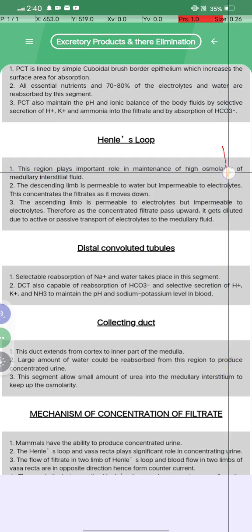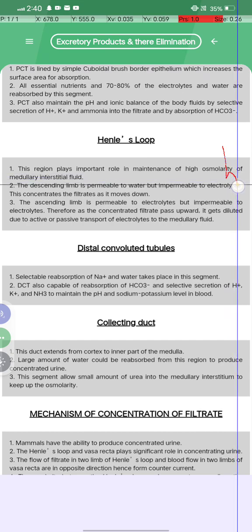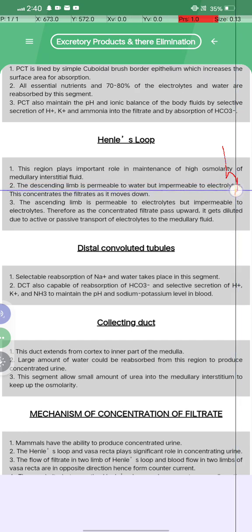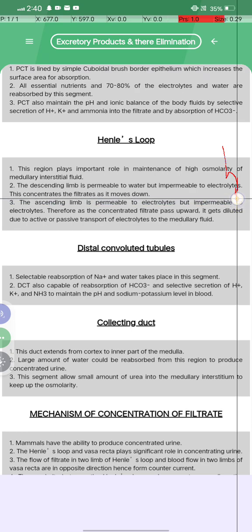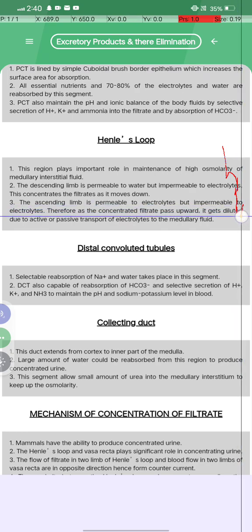This region plays an important role in the maintenance of high osmolarity of the medullary interstitial fluid. The descending limb is permeable to water but impermeable to electrolytes. This concentrates the filtrate as it moves down the descending limb. The ascending limb is permeable to electrolytes but impermeable to water.